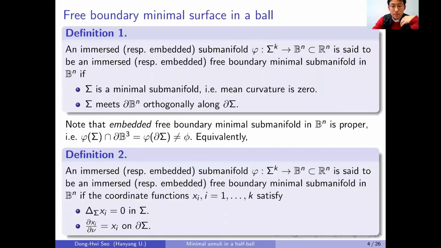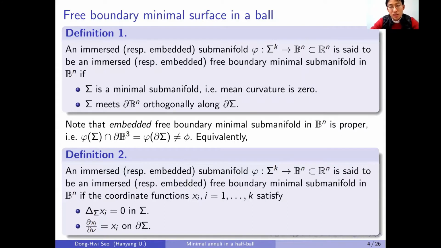So we can consider this the first definition. Here, the sigma should be minimal, and sigma meets the boundary of the ball orthogonally along its boundary.